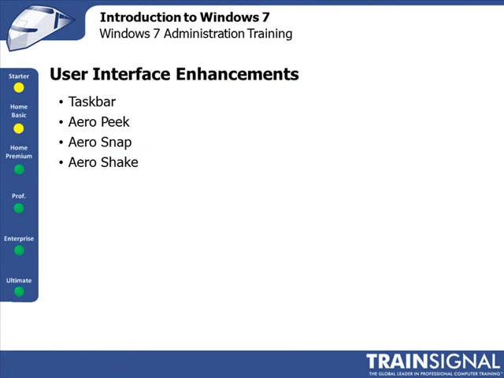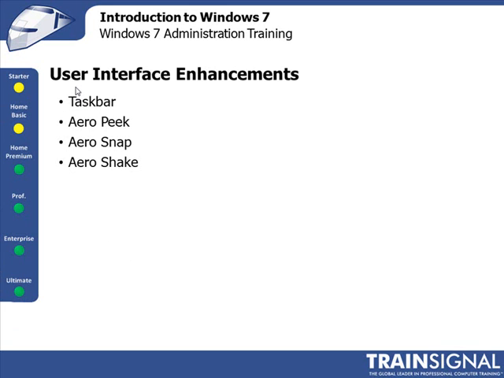Before we move on with the rest of this lesson, I'd like to draw your attention to the graphic you see at the left-hand side of your screen. You're going to see this graphic appear throughout this course, and what this is telling you is in what editions of Windows a particular feature exists. The yellow button in this particular slide means that this feature has partial functionality in that particular edition of Windows.